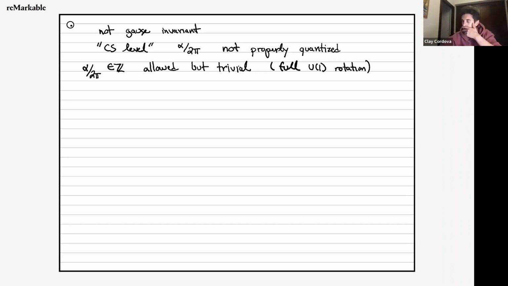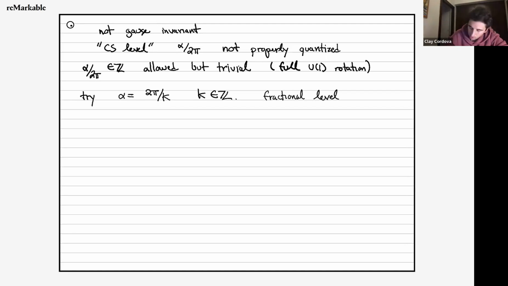Now there's something else we can do, and this will be non-trivial. We can try a fractional level. We can try alpha equals 2 pi over k, where k is an integer, so the level is 1 over k. This is a fractional level.